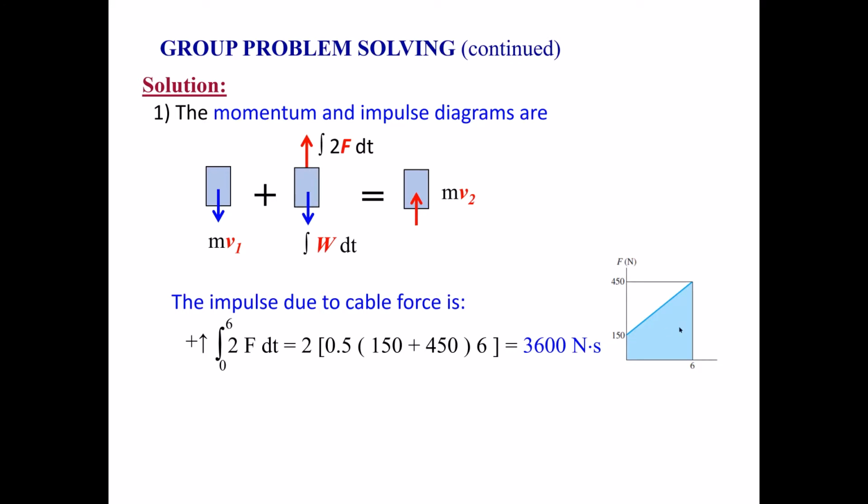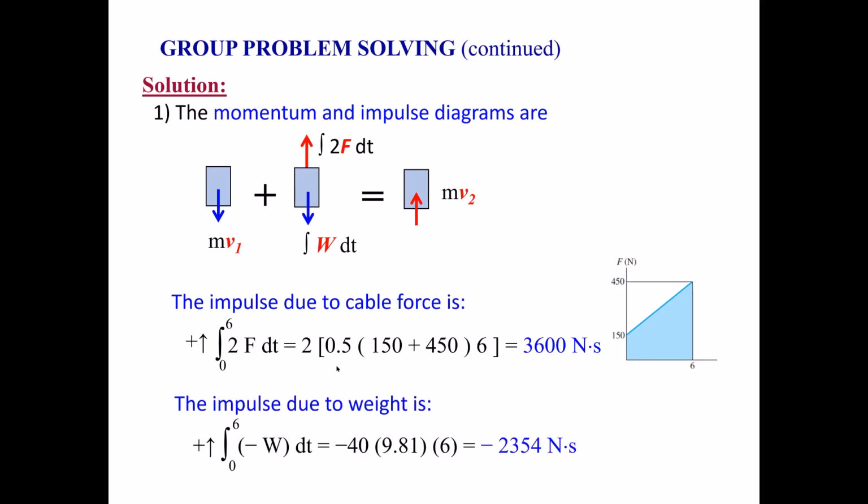You could just do 150 times 6 plus half of 450 minus 150, or 300. Okay. So this one they chose to do as 0.5 times the two added together. So it depends upon how you want to look at it. But the end result is 3600 newton-seconds.